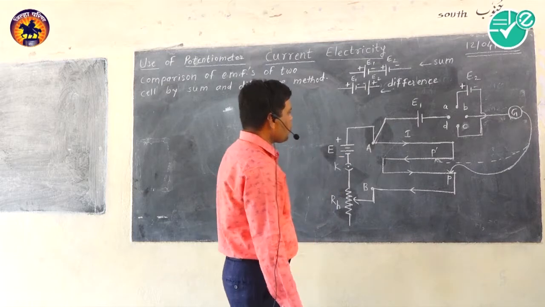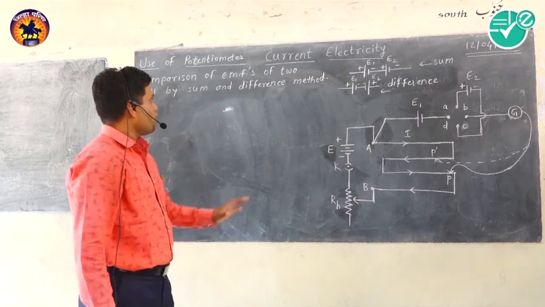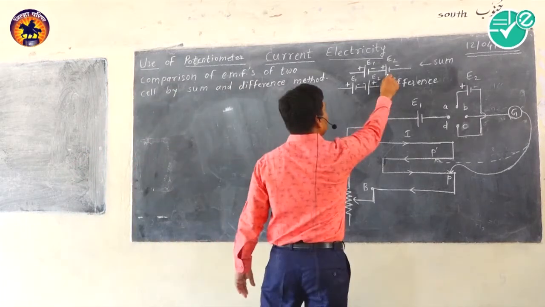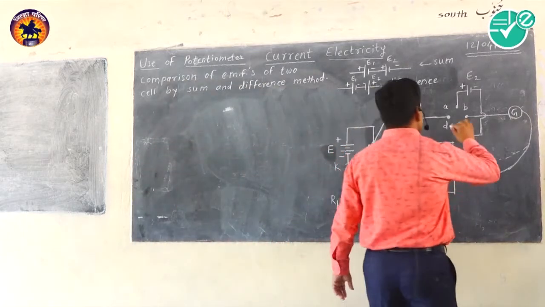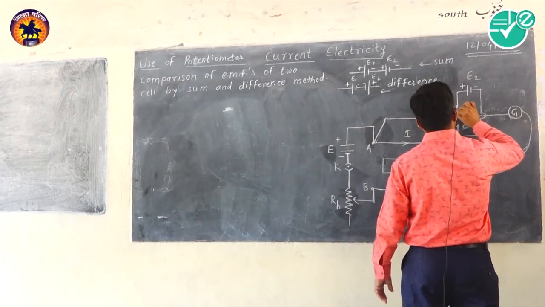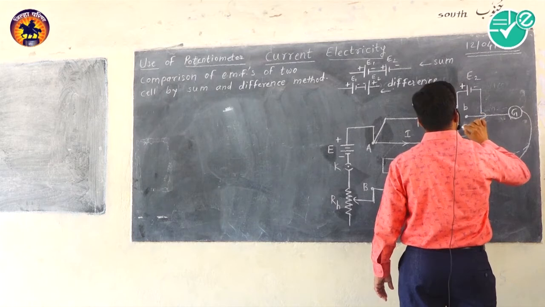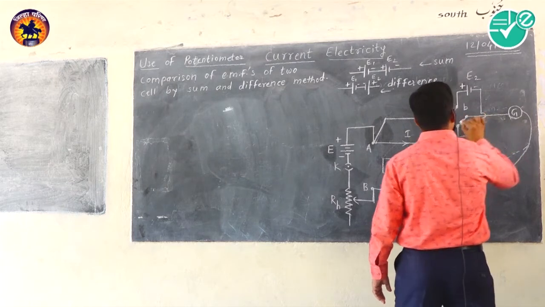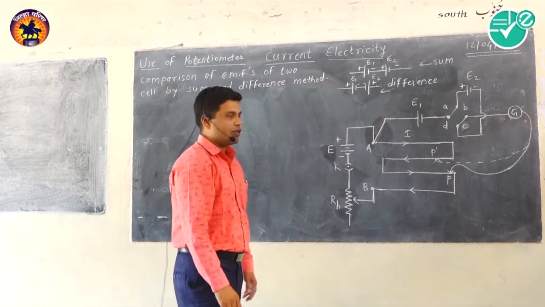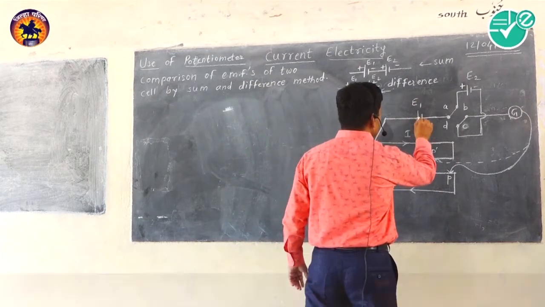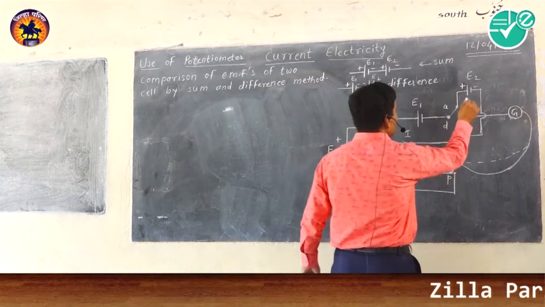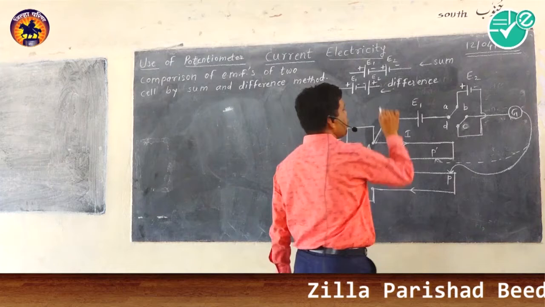Now first of all, to check the circuit for the sum method, you have to close the keys A and C. If you close the keys A and C as shown in the diagram, then you can observe that the cells E1 and E2 are connected in the sum method.